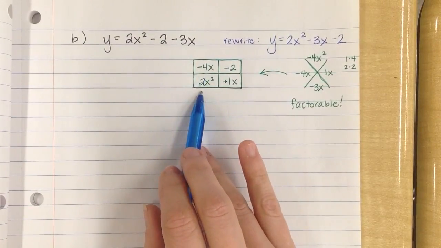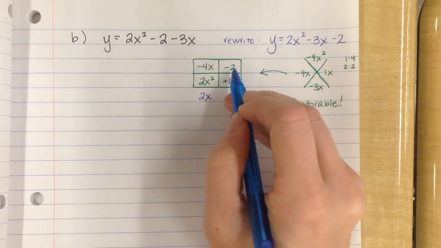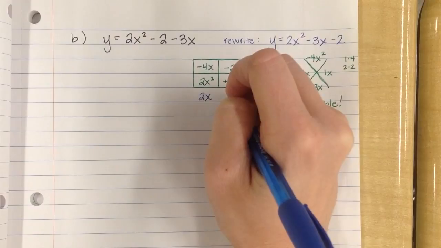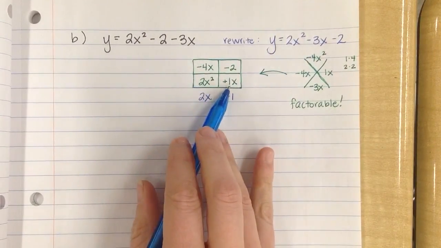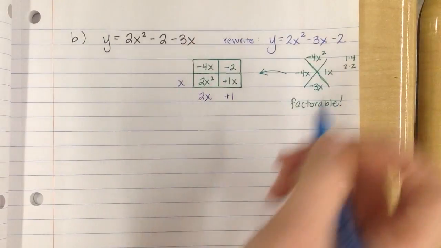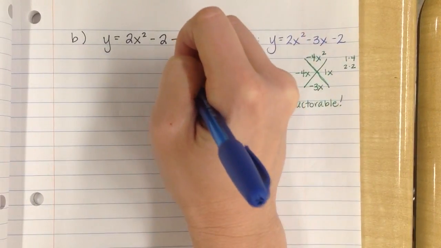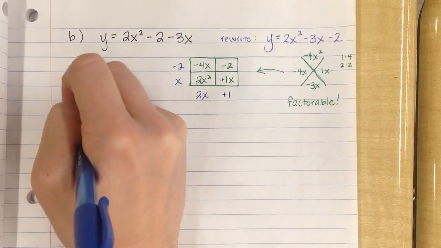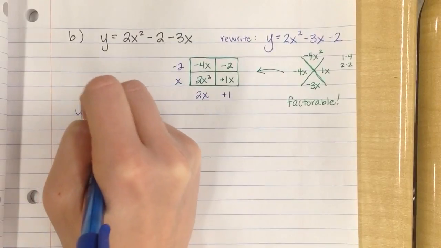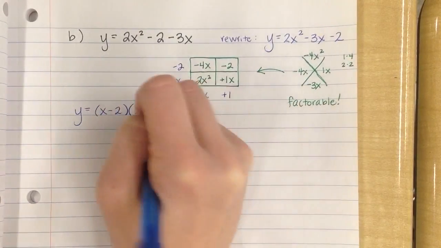Negative 4x and 2x squared share a positive 2x. Negative 2 and positive 1x share a positive 1. 2x squared and 1x share just an x, 1x technically. And then negative 4x and negative 2 have a common value of negative 2. Which is why our final answer would be y equals x minus 2 times the quantity 2x plus 1.